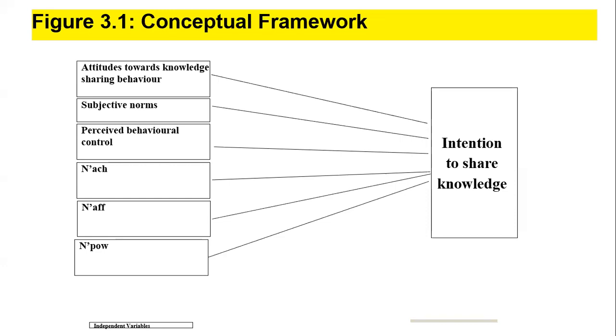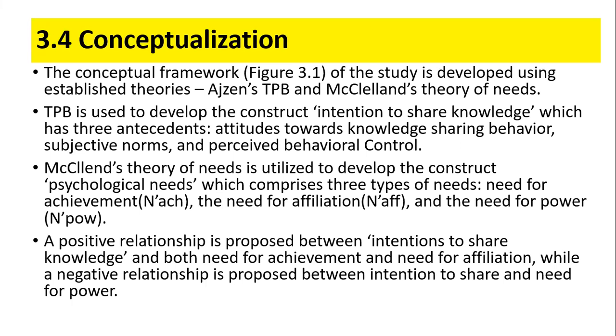So you have to mention that here. These directions are all arrows, though I could not put an arrow here. So basically, in the conceptualization you have to mention what theory or theories you have used to develop the conceptual framework, and how you have arrived at these dependent and independent variables.